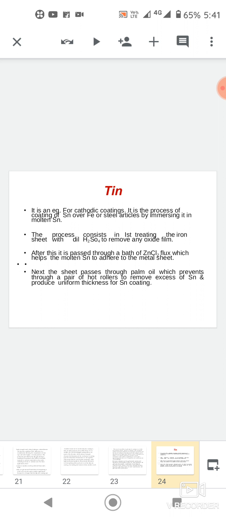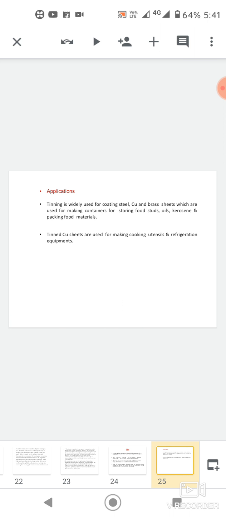After this, it is passed through a bath of zinc chloride flux, which helps the molten tin adhere to the metal sheet. Next, the sheet passes through palm oil, which prevents oxidation, then through a pair of hot rollers to remove excess tin and produce uniform thickness of coating.